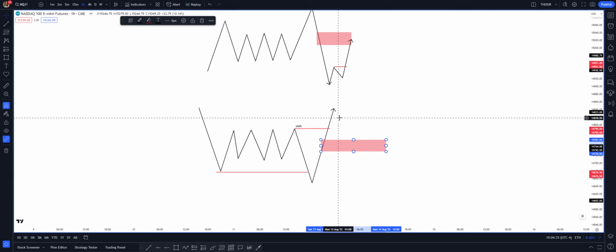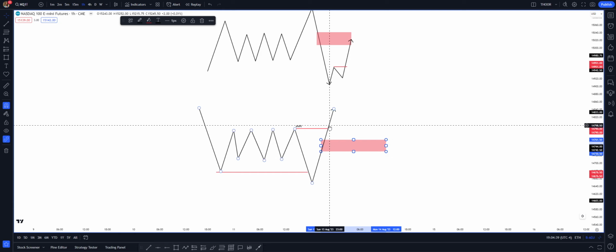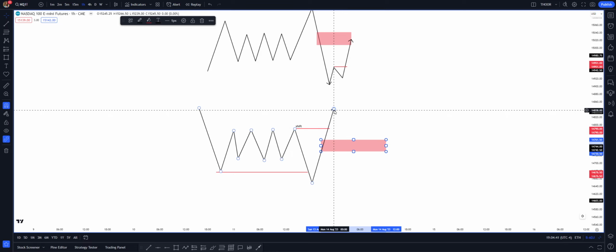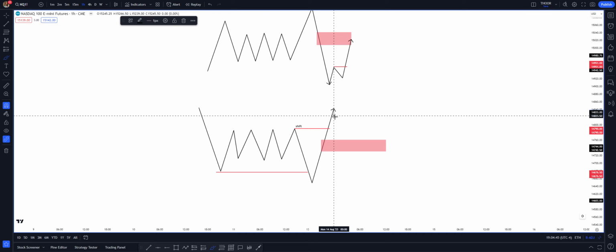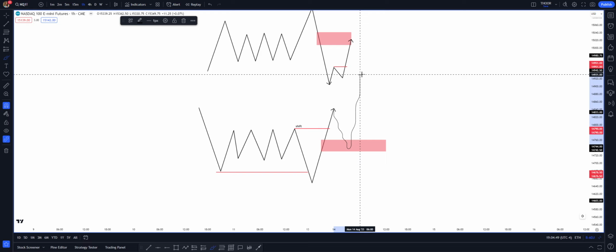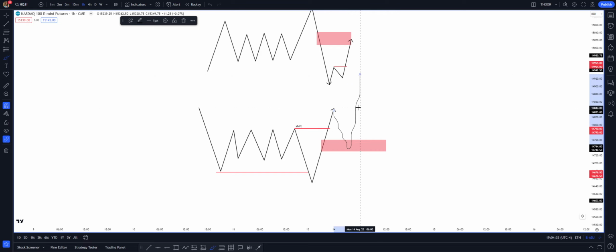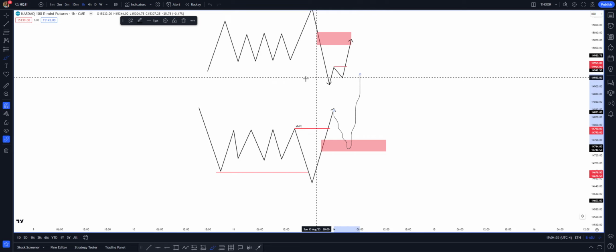Now, I'm sorry, at New York Open, you can expect a Judas swing into this fair value gap here, just to expand higher. In terms of a low resistance liquidity run.